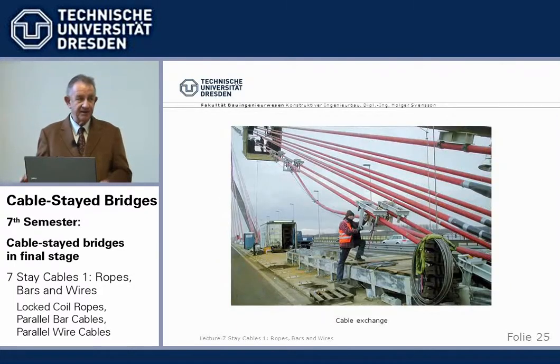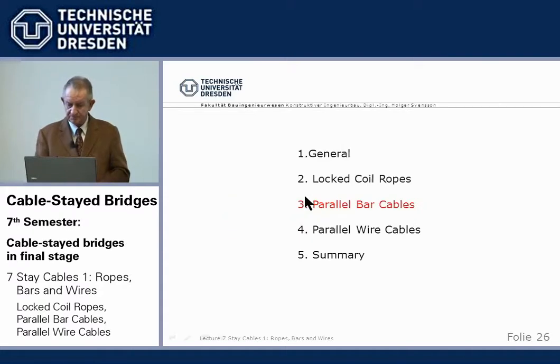Now Flehe is a main artery across the Rhine River at Düsseldorf, so one didn't want to close the bridge for cable exchange. And so the cables were exchanged under traffic, which can be done one after another, but it takes a little preparation and thinking. It's quite unique. So much for the locked coil ropes.